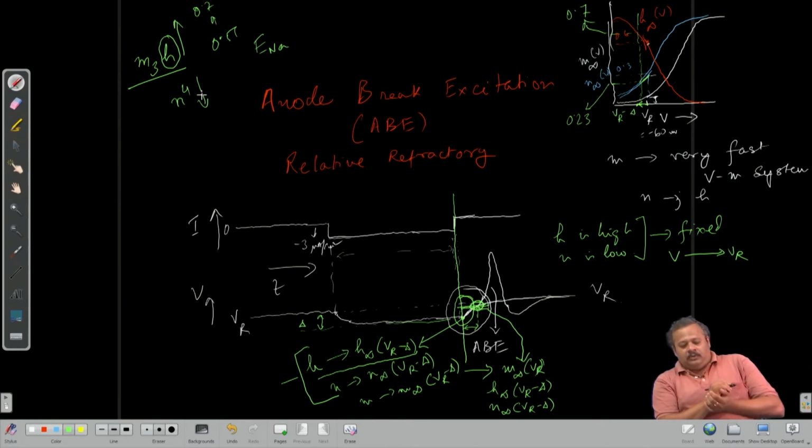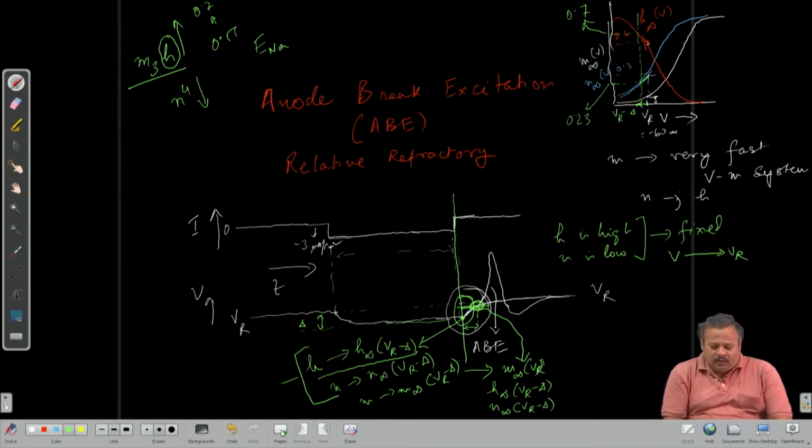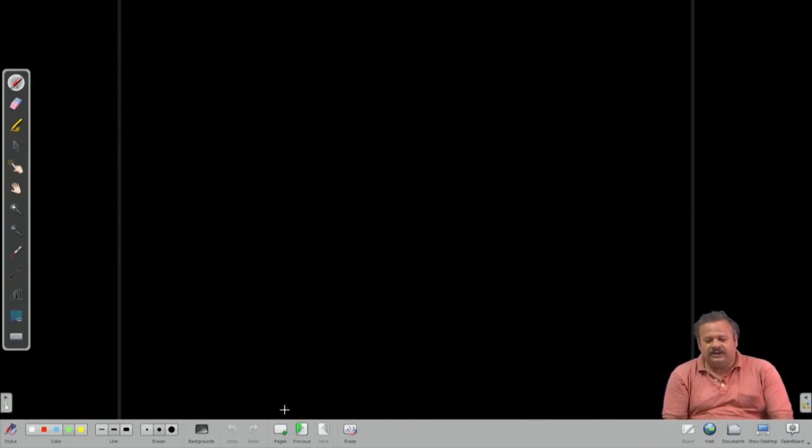To look at it in more detail, so this was less quantitative in the sense that it was a qualitative description, but we can have a quantitative description using our numerical simulation methods and phase plane analysis.